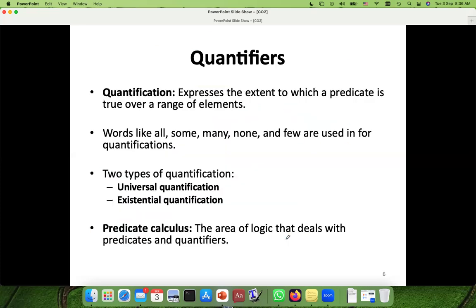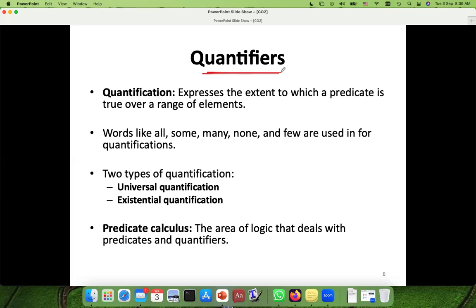And now we are moving towards the definition of quantifiers. We have just started, and in the start, we are learning what is predicate, what is quantifier, and then we will go on with the proper exercises and with the different subjects. So now, quantifiers.